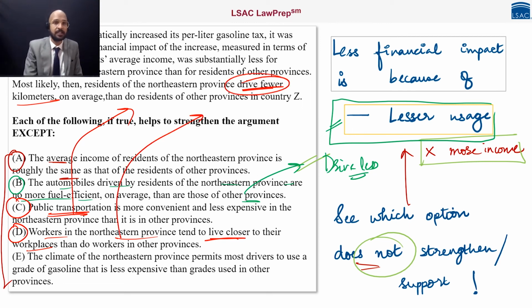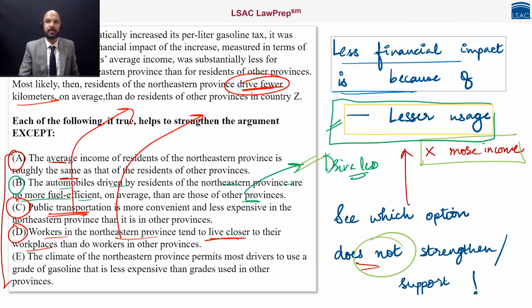Look at option E. It says the climate of the northeastern province permits most drivers to use a grade of gasoline that is less expensive. Oh, here you see something different. Here it says that the financial impact is less, but not because of lesser usage, but because it is cheaper, right?